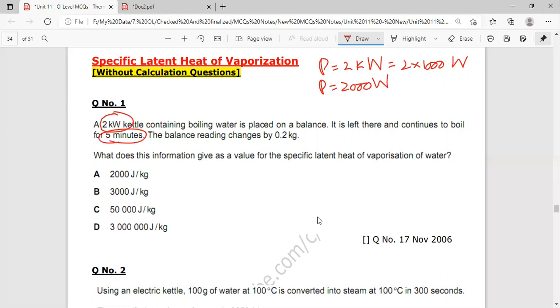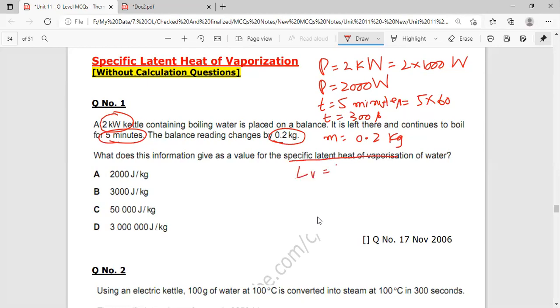Time is given as 5 minutes, so 5 into 60, time is equal to 300 seconds. Mass is given as 0.2 kg. What value does this information give for the specific latent heat of vaporization?